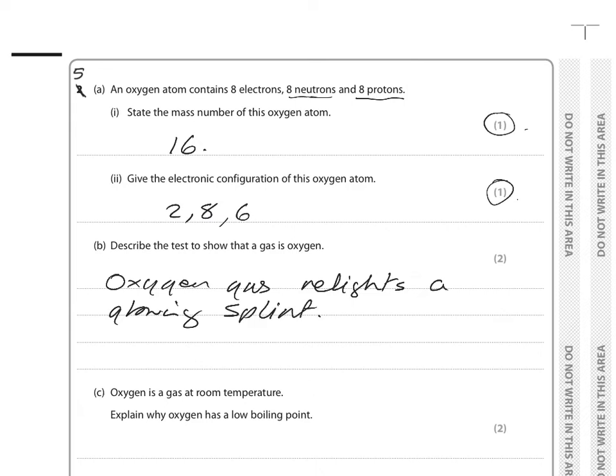Now you don't have to say anything about collecting the oxygen, you just need those facts. Oxygen gas relights, and that's what you get 1 mark for. Add a glowing splint is the test. The positive confirmation is that it relights. Always with a gas test you've got your test and you've got your result of your test.